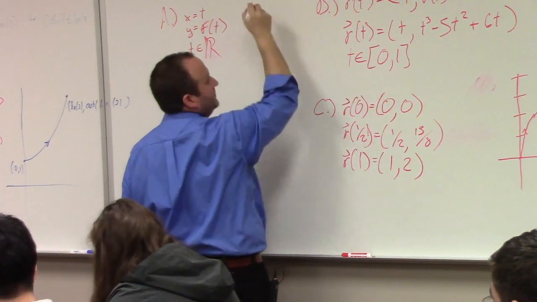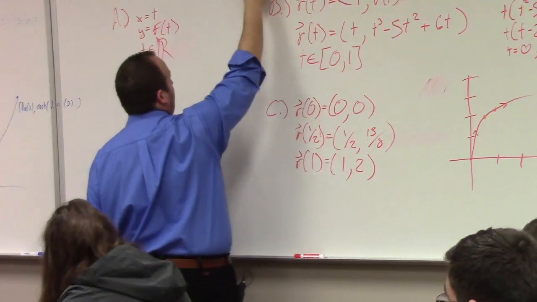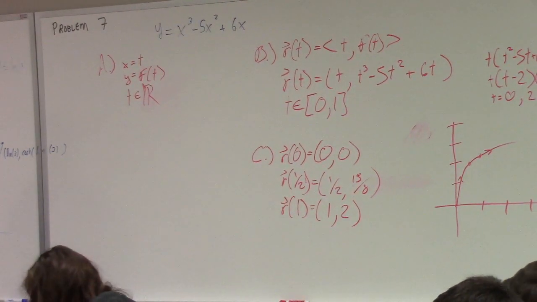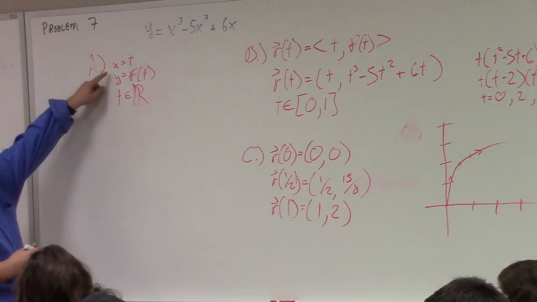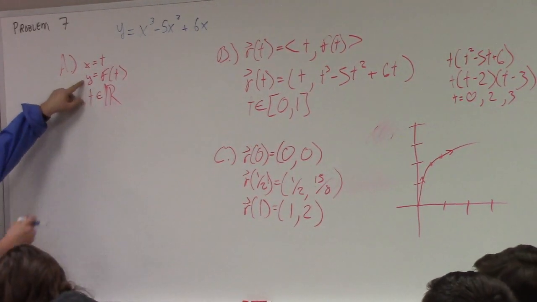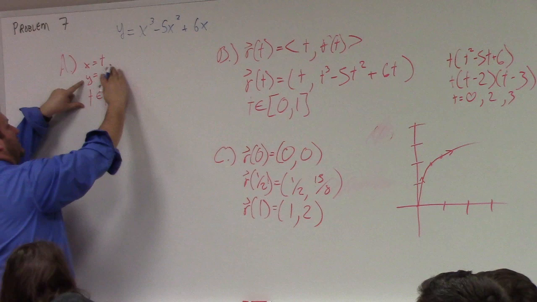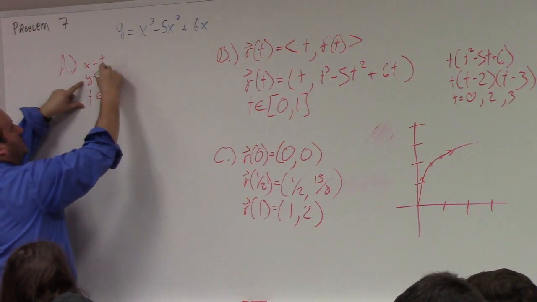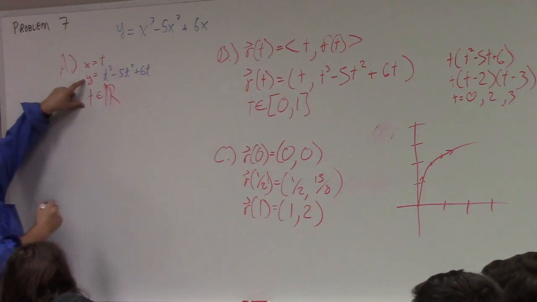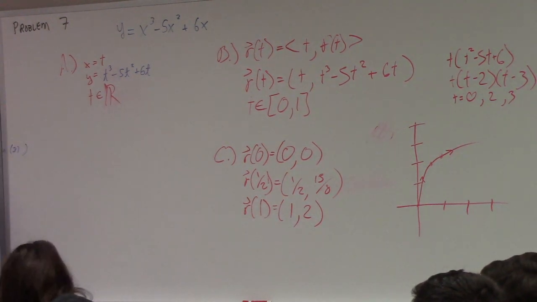That's actually the graph which I intend to give there. And so x equals t, y equals an f of t. But for this problem, I'd really like to see you write t cubed minus 5t squared plus 6t. So there are the scalar parametric equations for t in the reals.